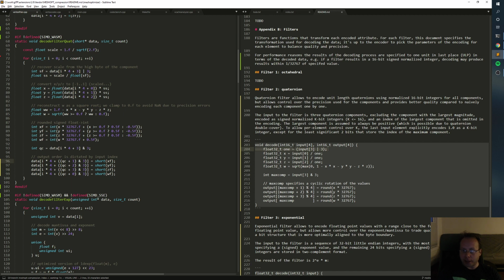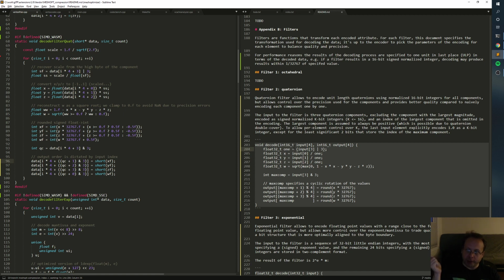So here basically the convention is the last input stores 1.0 encoded with the same number of bits as these other guys. And because of this, you can just divide this by that and you will get the correct value.